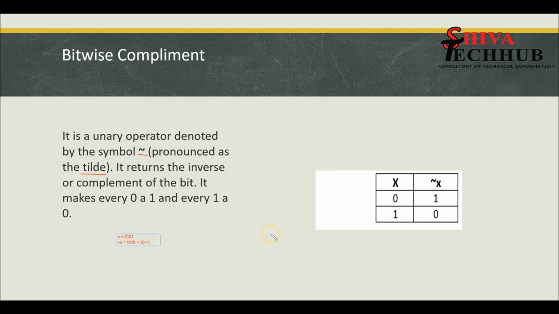But what the system returns is the 2's complement of this particular result. In order to find the 2's complement, there is a formula: minus n plus 1. So the result will be minus 11. Here n is nothing but the result you got after performing the inverse of x. So this is how the bitwise complement is calculated.